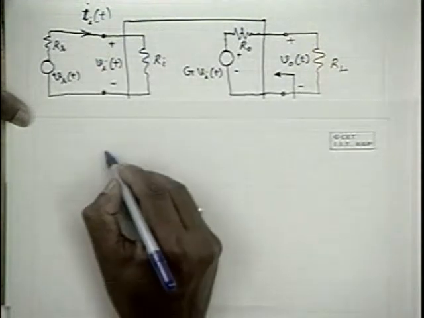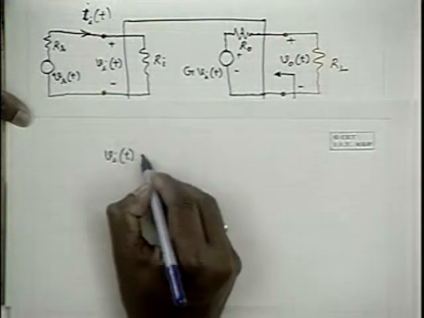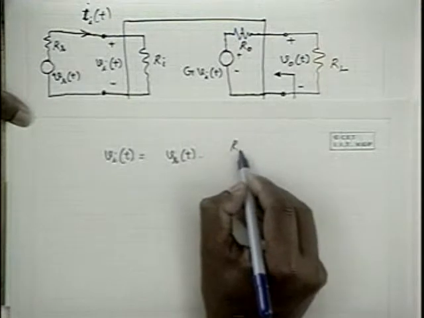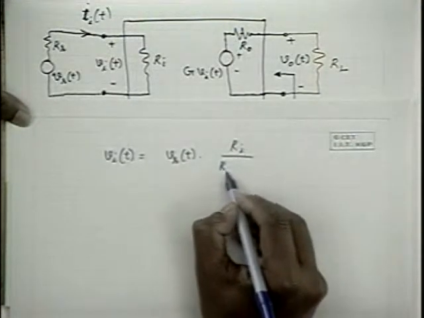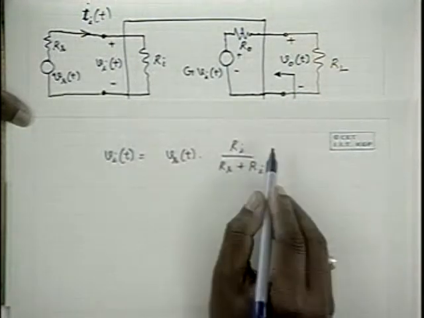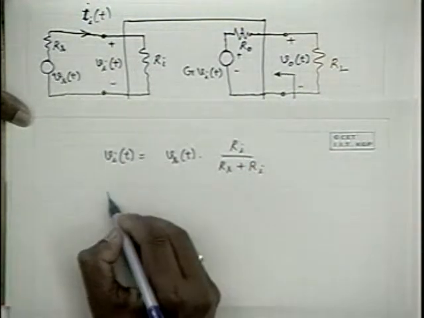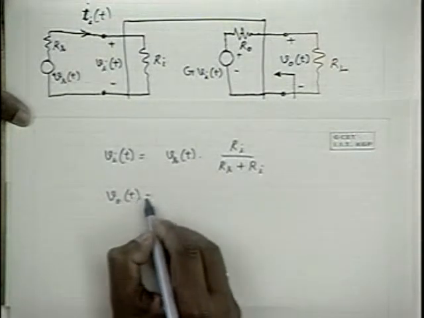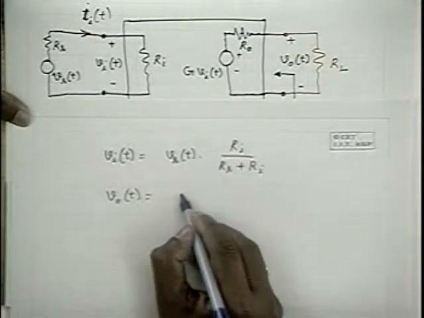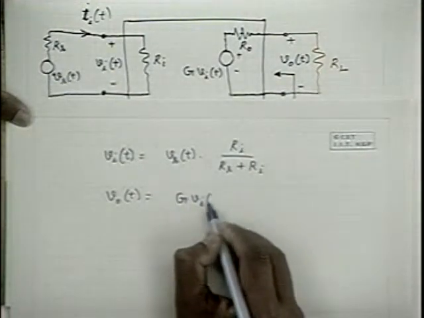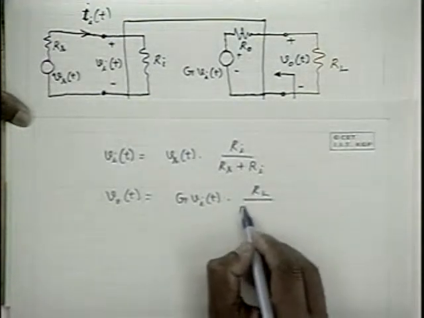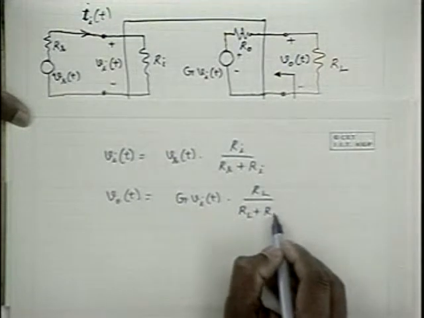On the input side, VIT is going to be VST into Ri by Rs plus Ri. Therefore, it is a ratio less than 1. And on the output side, the moment a load is connected, VOT is going to be less than G VIT by this quantity, RL by RL plus R naught.